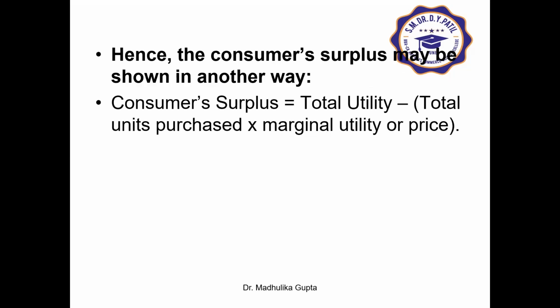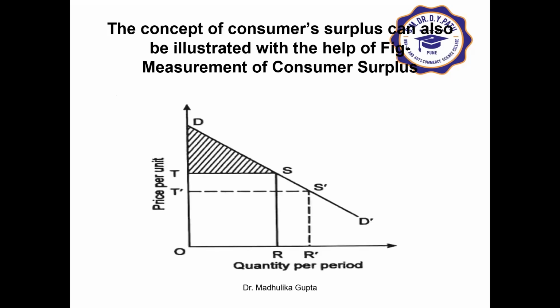Hence the consumer surplus may be shown in another way: consumer surplus is equal to total utility minus total units purchased into marginal unit utility or price. So in short, consumer surplus is the positive difference between total utility from a commodity and total payments made for it. Very short.